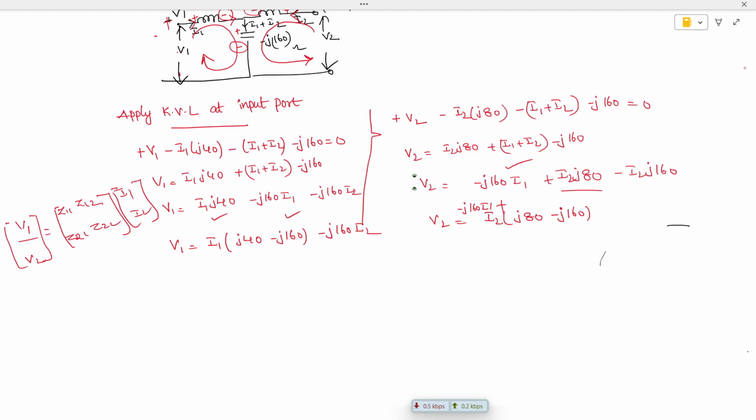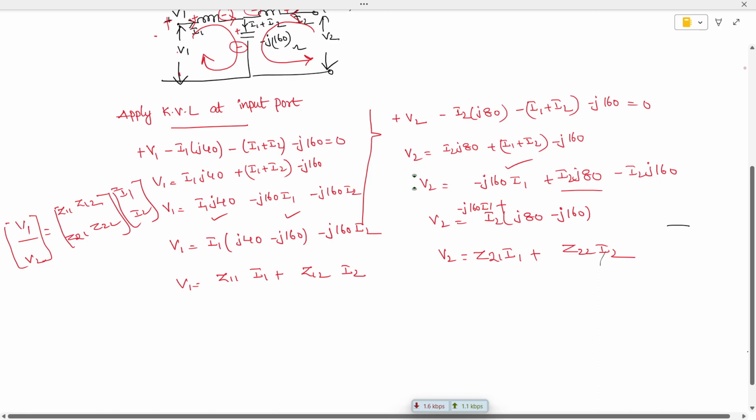So what is the equation of V1? V1 is equal to Z11 I1 plus Z12 I2 is one equation. The next equation is V2 is equal to Z21 I1 plus Z22 I2. So when you perform the simplification, this is already in A plus JB form, so we can perform it in the given format.